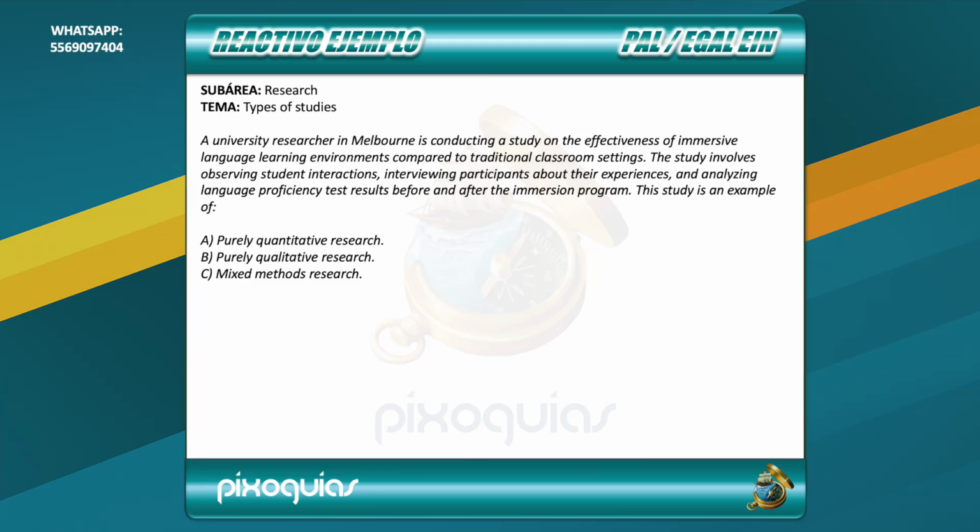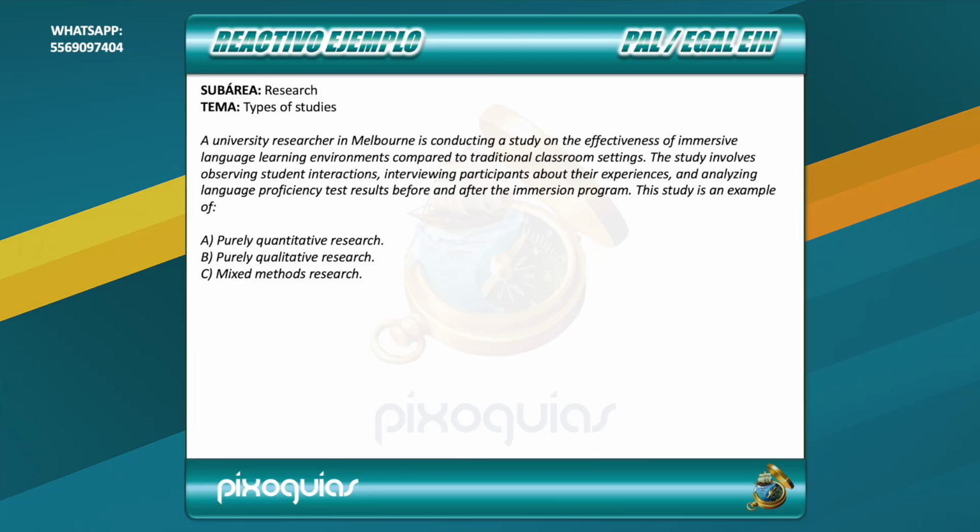A university researcher in Melbourne is conducting a study on the effectiveness of immersive language learning environments compared to traditional classroom settings. The study involves observing student interactions, interviewing participants about their experiences, and analyzing the language proficiency test results before and after the immersion program.